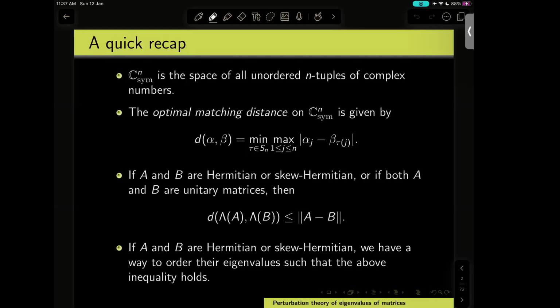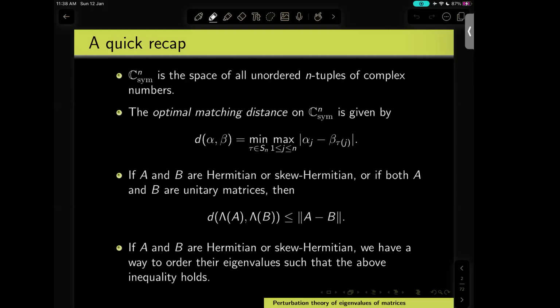And we showed that for Hermitian, skew Hermitian, or unitary matrices, we have d of lambda A, lambda B less than or equal to norm A minus B. Recall lambda A is the multiset, the unordered tuple of n eigenvalues of A.